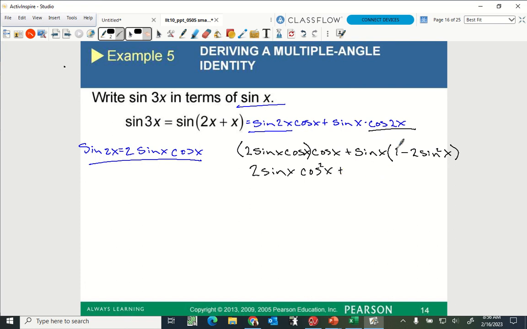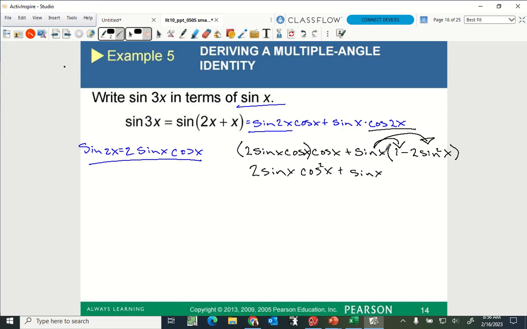Plus sine. Now over here, since I have a binomial, I have a 1 minus 2 sine squared. I have a binomial here, so I'm going to distribute. So I'm going to multiply into here. So sine x times 1 is just sine x.